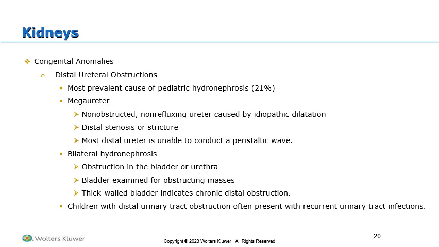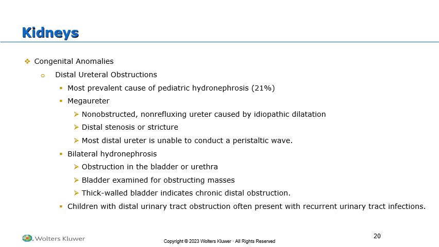Now, most of the time, these distal ureteral obstructions, if they're bilateral, they're going to cause bilateral hydronephrosis. It could take some time for that to occur, as it's going to be a retrograde process. So bilateral hydronephrosis is usually caused by some sort of obstruction at the urethra, that exit of the bladder, which is going to back up the bladder, back up both ureters, and then back up both kidneys.